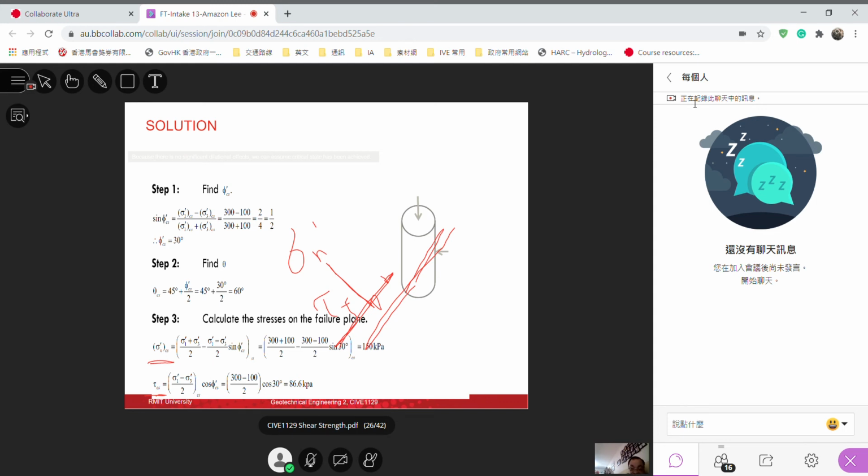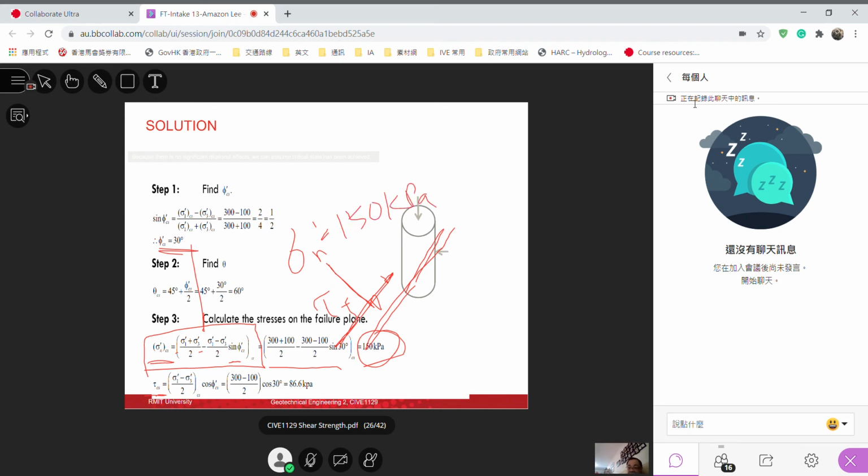Before that, I showed you another equation relating normal stress, sigma 1, sigma 3, and angle of friction, in the previous slide. We have sigma 1, sigma 3, and the angle of friction we just calculated. So now we have everything. We substitute into this equation and find the normal stress, which is 150 kPa. The normal stress at failure is 150 kPa.